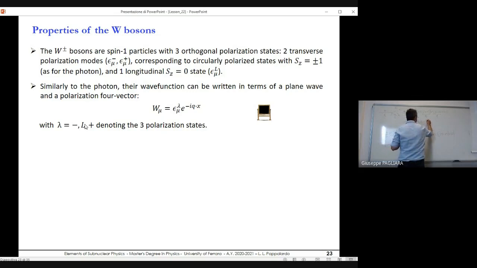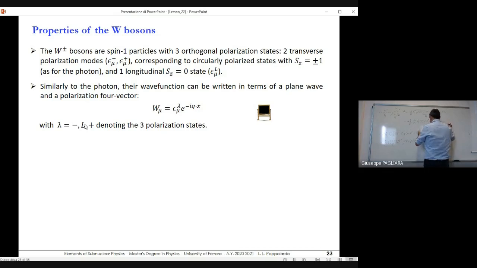Then we have gamma mu, and P_L on an antiparticle spinor gives us v right.